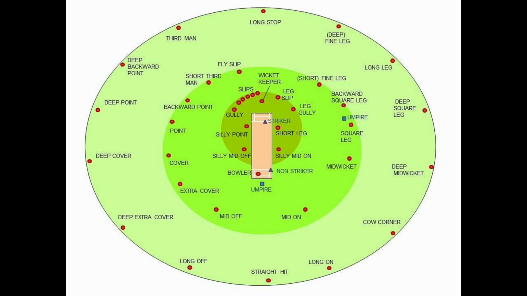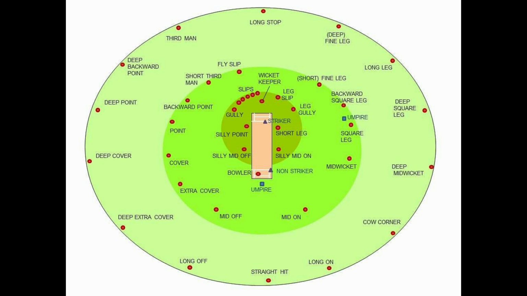But if we go to this more complicated field settings chart, if you will, you'll see that there are now way more positions than we just saw, right? And what are all these names? A lot of these names just come from the names of the positions we just saw inside the ring there, right?